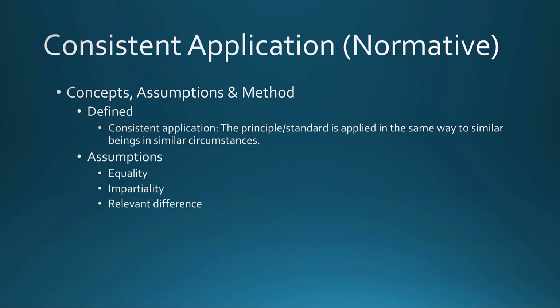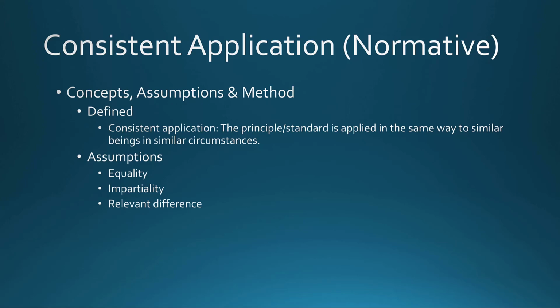Now, the foundation for this is generally three common moral assumptions. And these are assumptions in the sense that not everyone agrees with them. They would require proof if you were to want to establish them. But here are the grounding assumptions for consistent application. The first is the notion of equality, at least moral equality, that people are initially at least morally equal and must be treated as such.